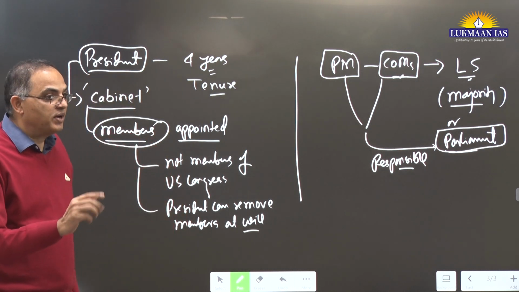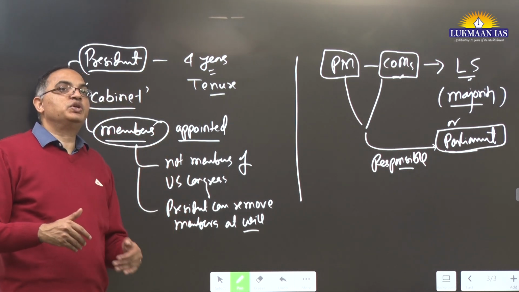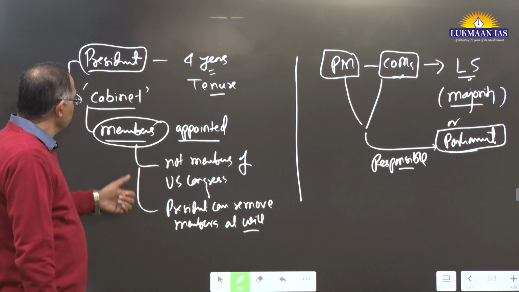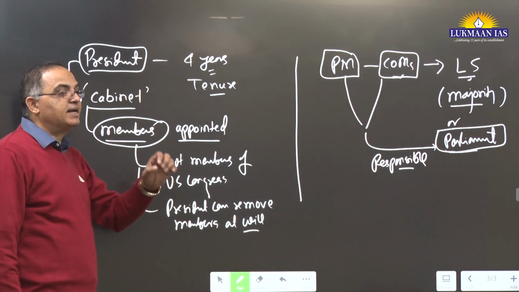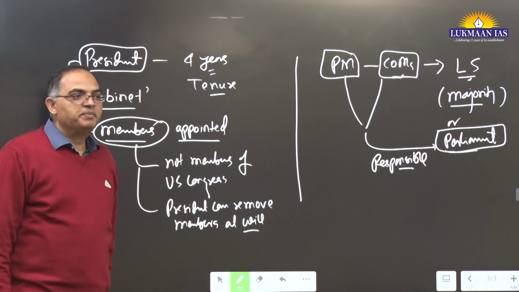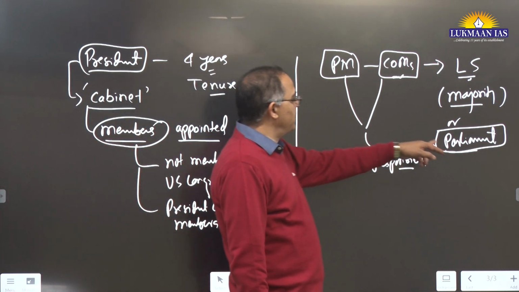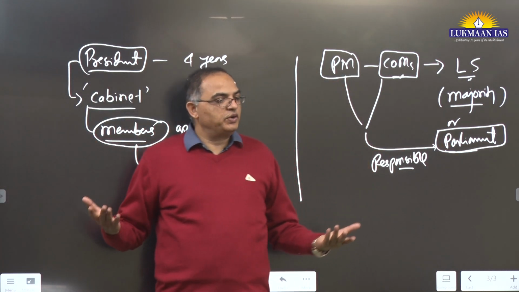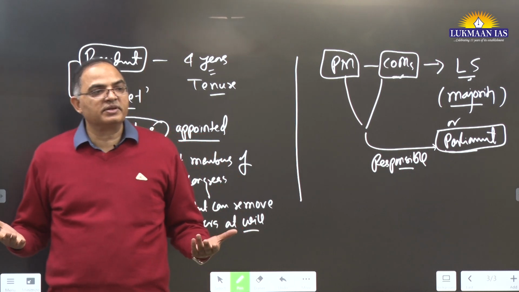Another advantage, try to understand, gradually you will come to know all these things, is that here the president can select the best members as cabinet, because members are not supposed to be part of the legislature, so you are free to select your cabinet members.